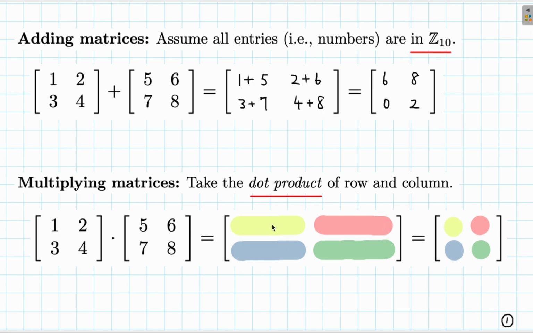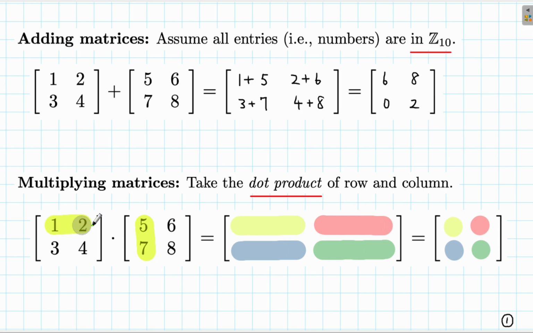So let's say we want this top left entry. That's the first row, first column. So the yellow entry is first row, first column. So to find that number, we take the first row of our first matrix and the first column of our second matrix.